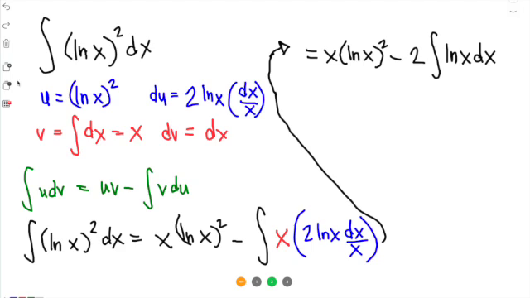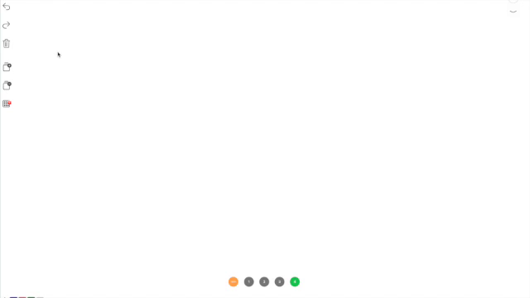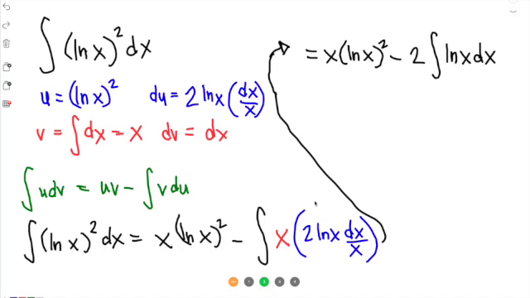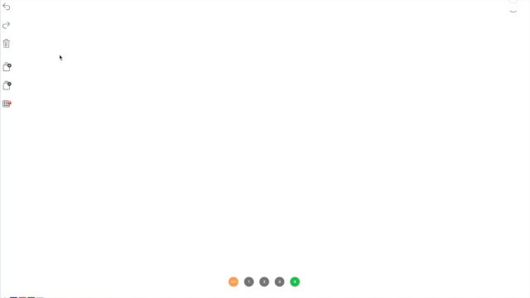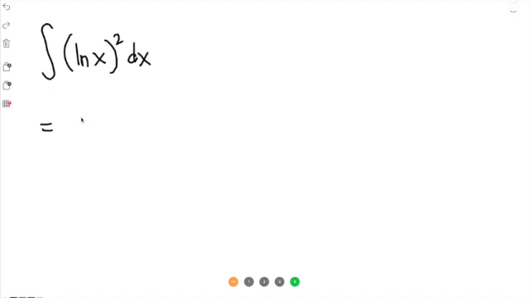I think I should do that on another page. Okay, so let me write down, that's x ln x squared minus 2. The original equation is the integral of ln x squared dx, and so far our answer is x ln x squared minus 2 times the integral of ln x dx.